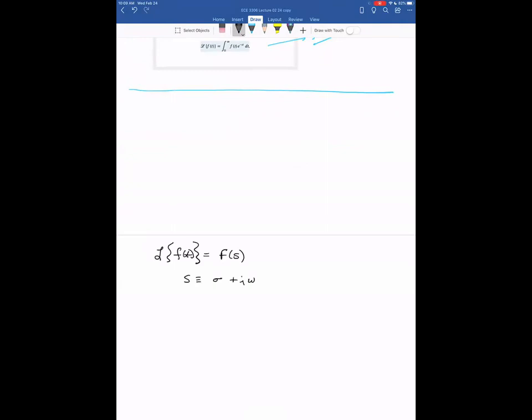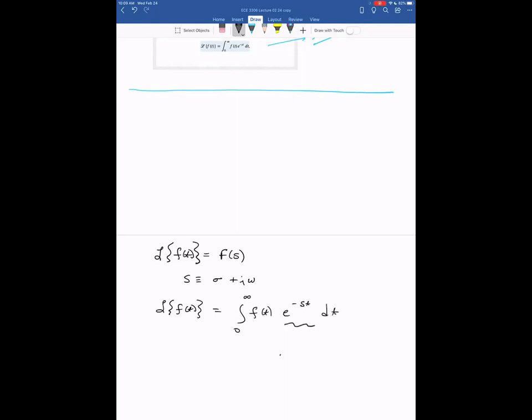And the transforming function, so to get the Laplace transform of any time domain function, we take the integral from 0 to infinity, and some textbooks will write this as 0 minus of f of t e to the minus st dt.